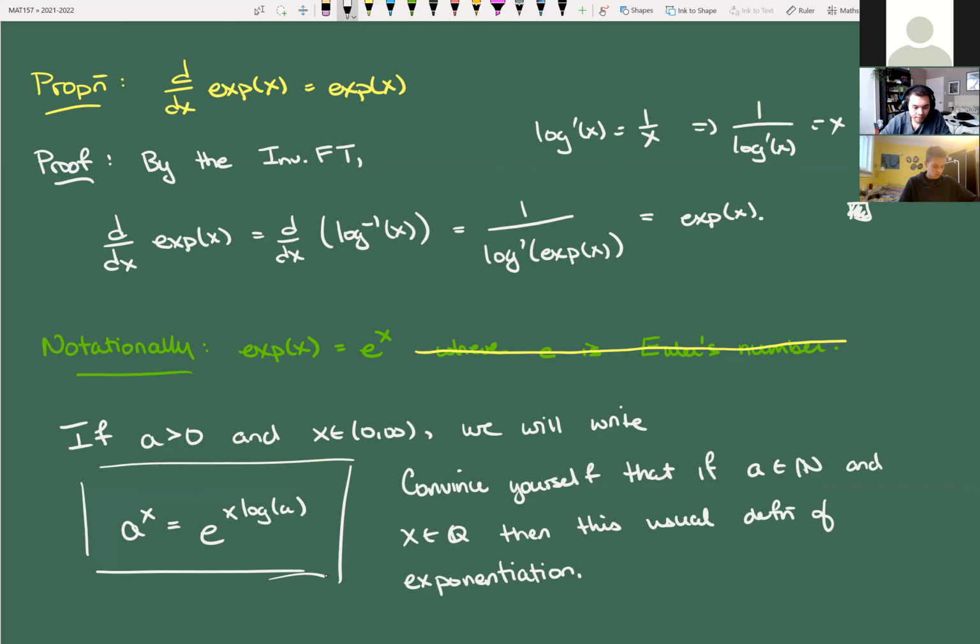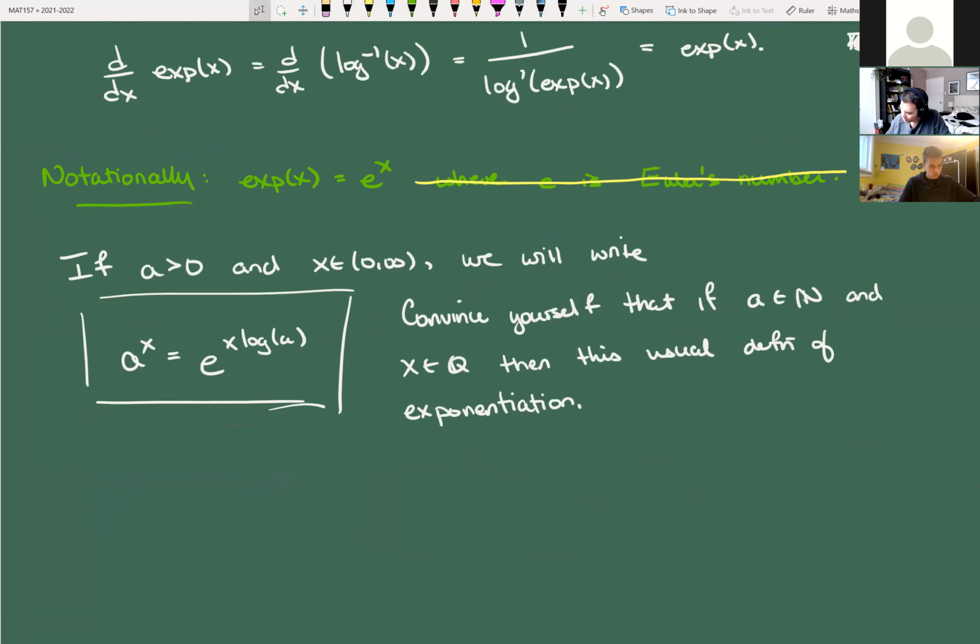Right? And I hope it's obvious why that's true, right? Because if I have a as a natural, I guess actually, do I need a to be? No, I don't even need it. Let's just say a is in (0, infinity).